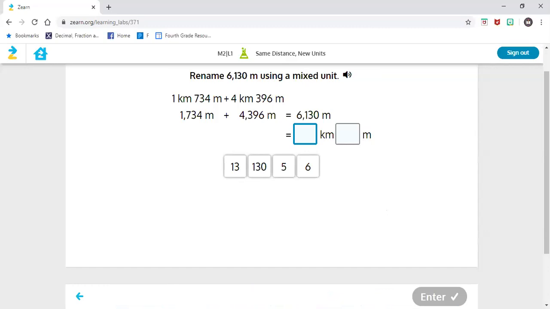I have 6,130 meters, and we're going to change them to a mixed unit. So it takes 1,000 meters to make a kilometer, and I have 6 of them. So that's 6,000. So there's my 6 kilometers, and then I will have left 130 meters.